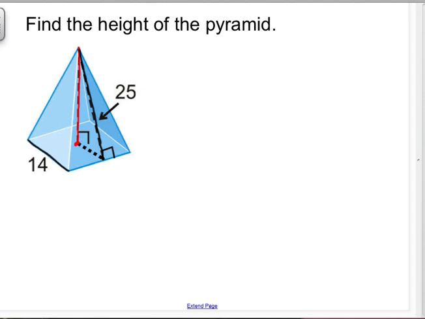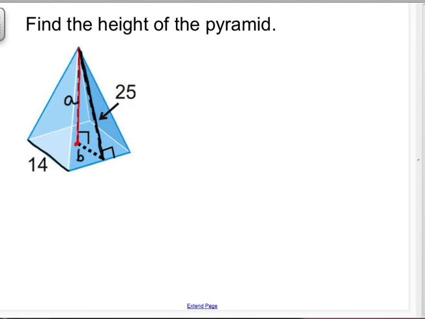I need to know at least one of the legs, and it looks like I already know the hypotenuse. Okay, so I'm going to say this is leg A, and this is the one I'm trying to find, which is the height of the pyramid. And this is leg B down here. And then the hypotenuse over here is, again, that slant height, that is 25.